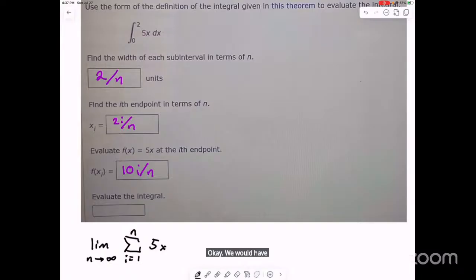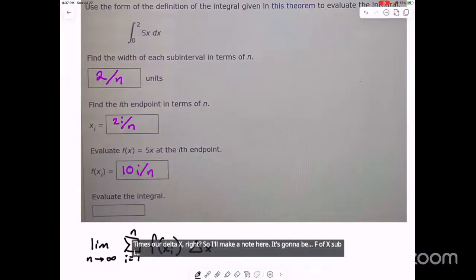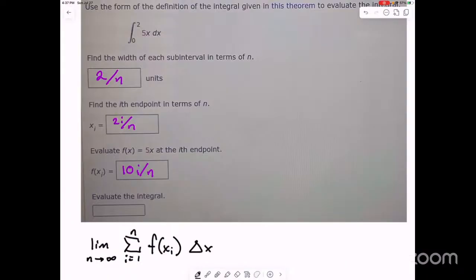We got to do our f of x sub i times our delta x, right? So I'll make a note here. It's going to be f of x sub i times our delta x, okay? That will go to 0.